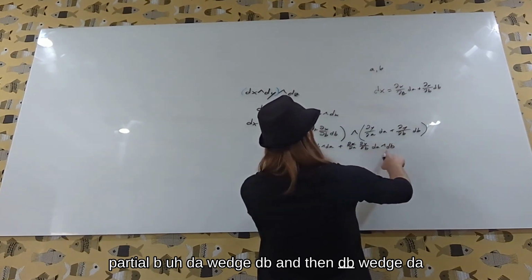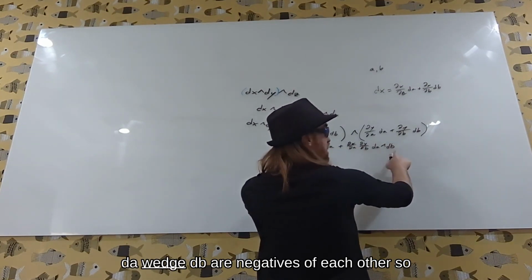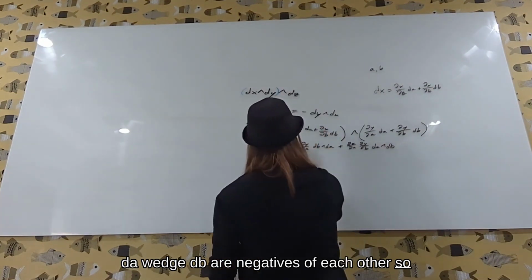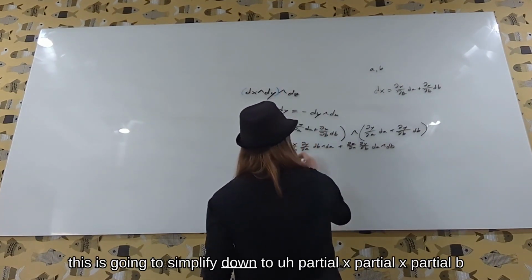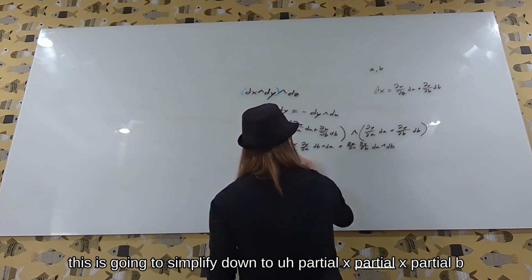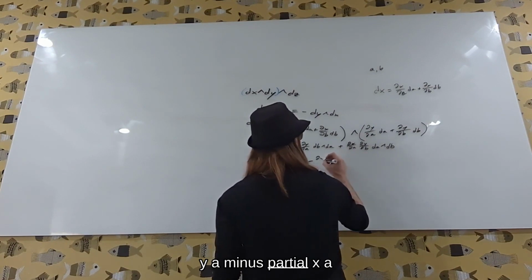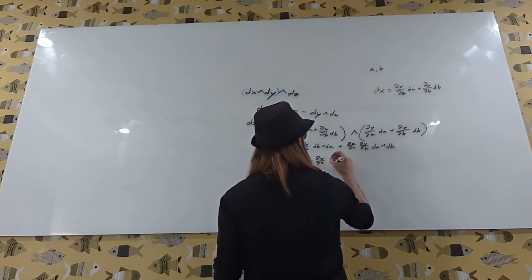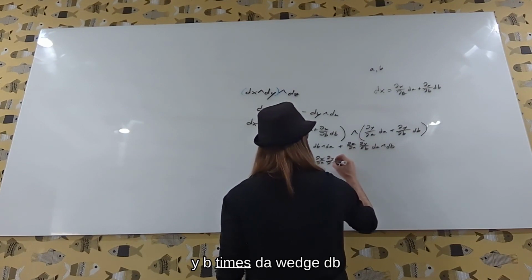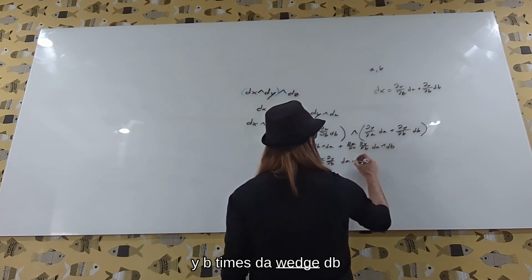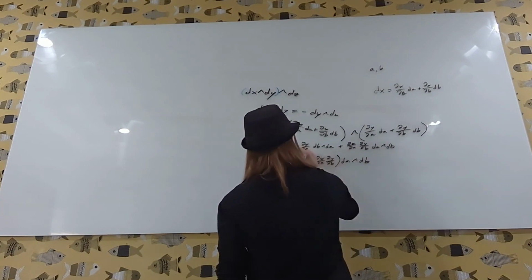And dB wedge dA and dA wedge dB are negatives of each other, so this simplifies down to partial x partial b, partial y partial a, minus partial x partial a, partial y partial b, times dA wedge dB.